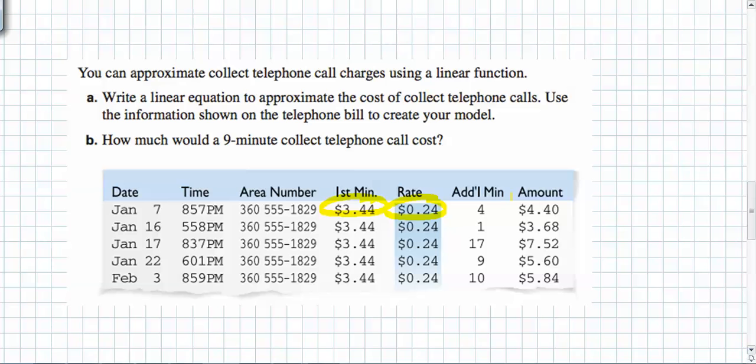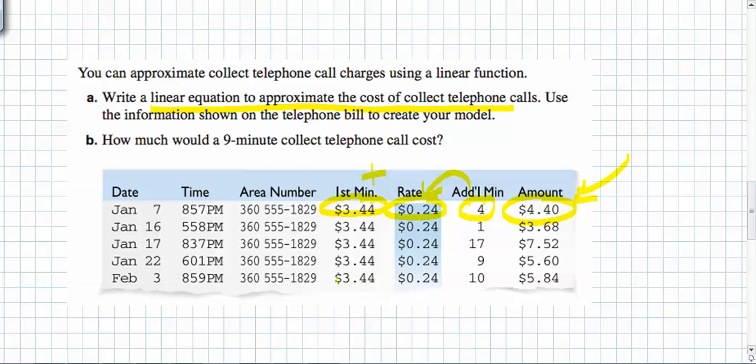So 24 cents for every additional minute comes out to be $4.40 because it's going to be 4 times this plus this first minute. So the first minute is $3.44, and every minute beyond that is 24 cents. That's how they got the amount. So our question is to write a linear equation to approximate the cost of the collect call.